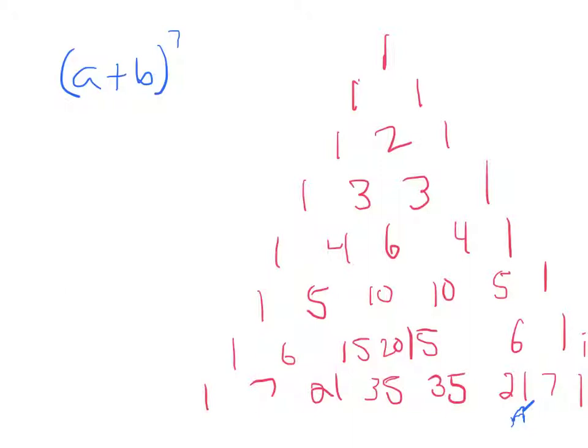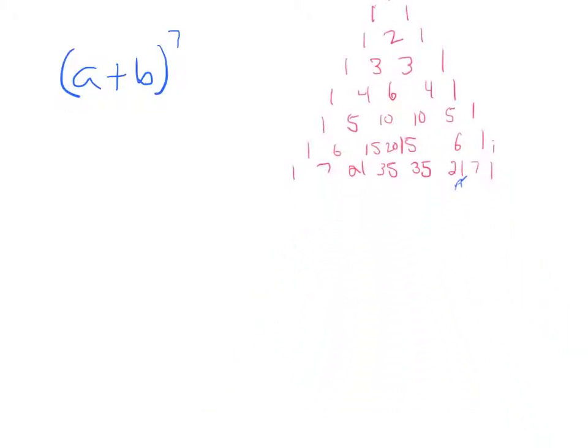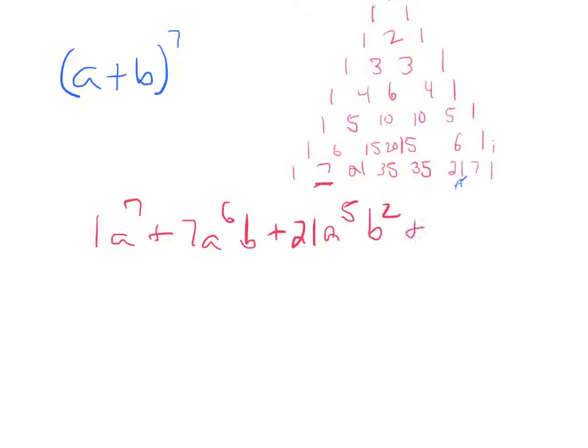So if I make this a little smaller so we can write it, I can now write the expansion using the coefficients. And we realize in a plus b to the 7th power, every term has to have an order of 7. So I have 1, a to the 7th, plus, and that would be b to the 0, but we won't write it, plus 7, which is the second term, a to the 6th b, which is still order 7 for the term, plus 21 a to the 5th b squared, plus 35 a to the 4th b cubed.